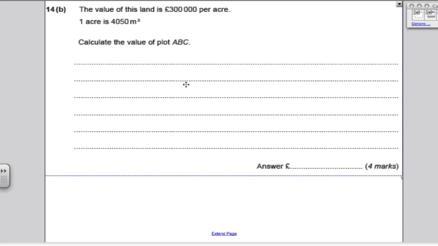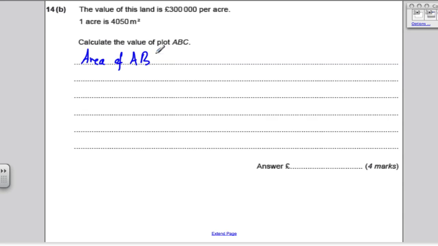Calculate the value of the plot ABC. So the first thing we need to be able to work out is the area of ABC. Well, you know from your formula booklet as well that the area of any triangle is a half ab sine of the angle in between.